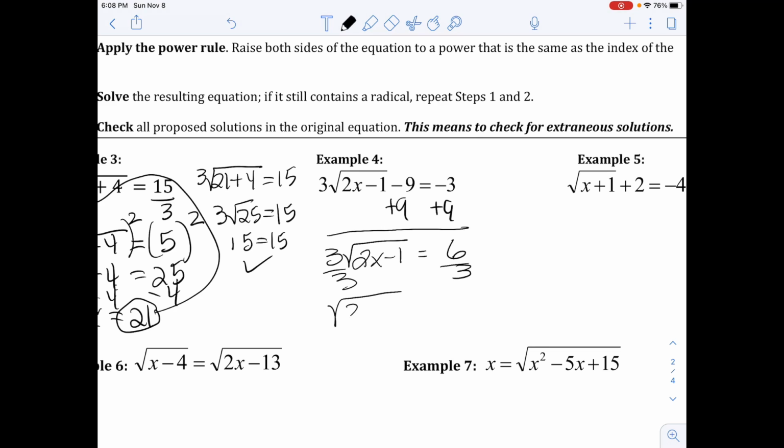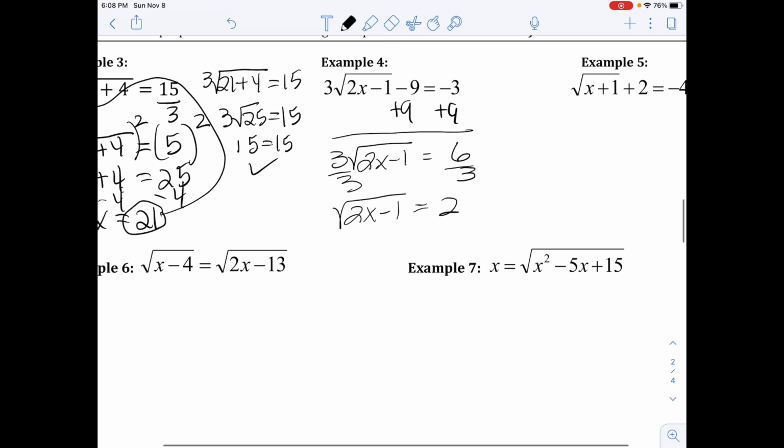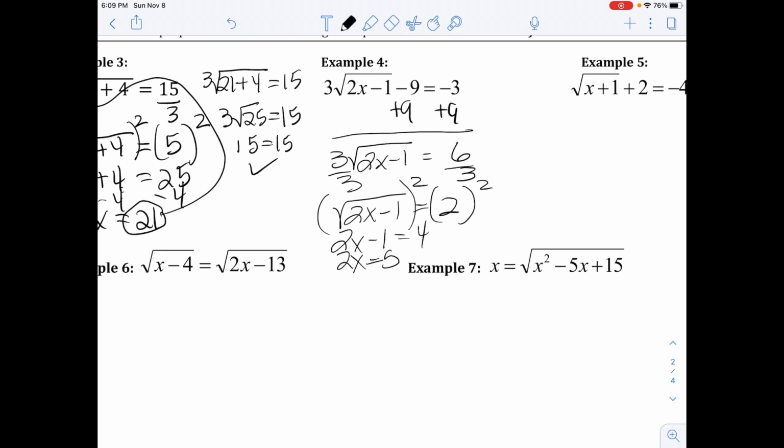And we're going to get root 2x minus 1 equals 2. So sometimes it takes a couple steps to isolate the radical, and then you will square both sides in this case, or raise both sides to whatever power the index is. 2x minus 1 equals 4. 2x equals 5. x equals 5 over 2, or 2.5.